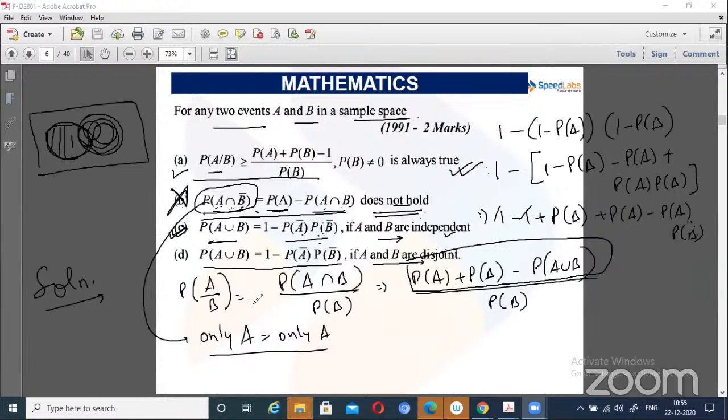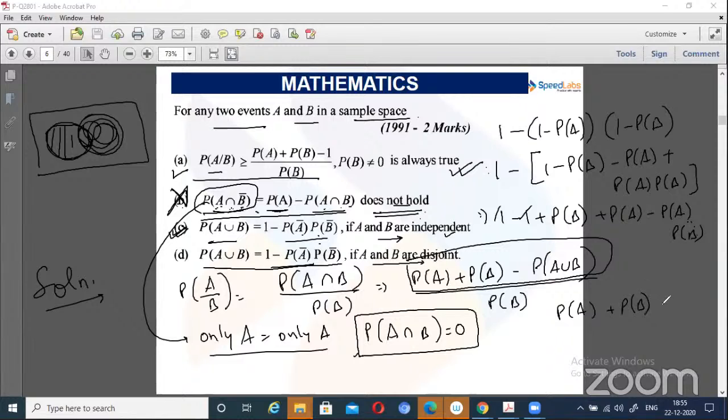Okay. If A and B are disjoint, it means A and B have nothing in common, and P of A intersection B will be equal to 0. Okay, so the simplification we did last time, the same is written here, that came out as PA plus PB. Okay, I will have to write A intersection B here.